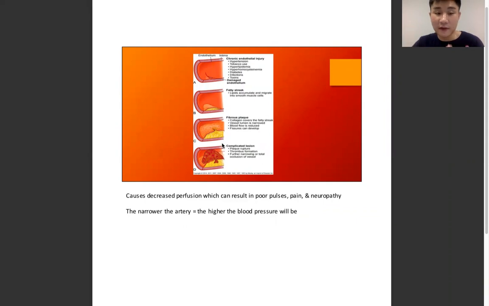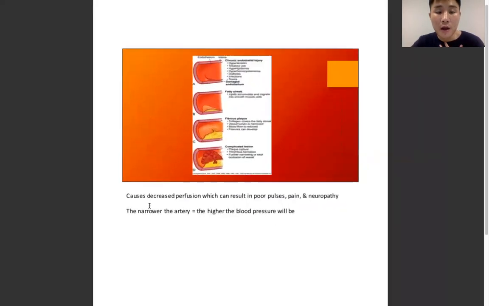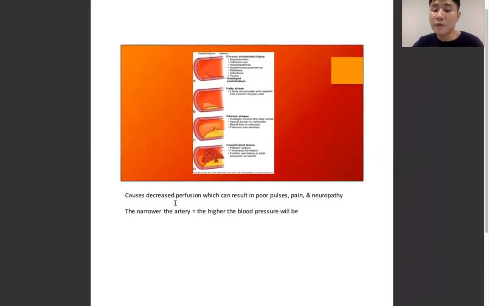That is the basic of it. So it causes decreased perfusion, which can result in poor pulses, pain, and neuropathy, meaning no sensation in that area. The narrower the artery, the higher the blood pressure will be.